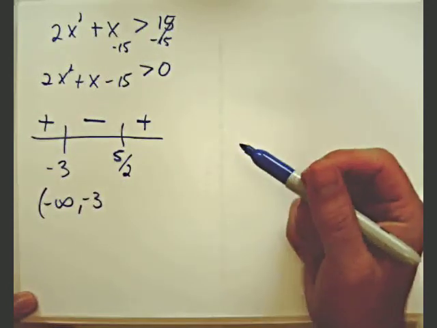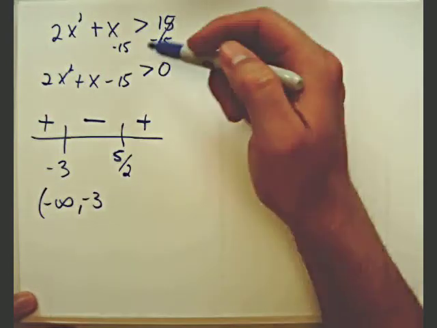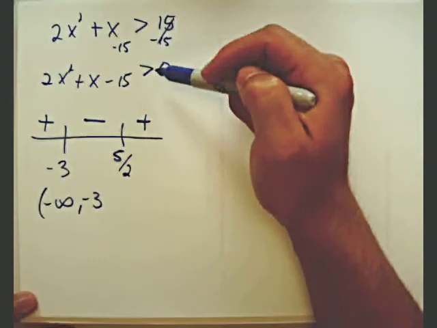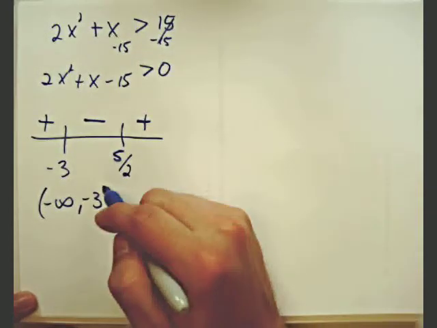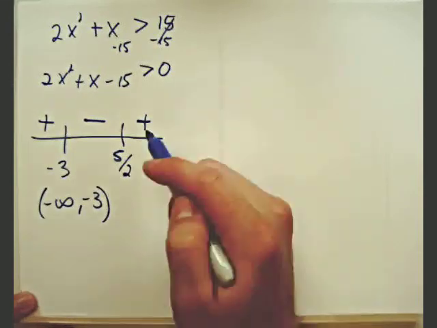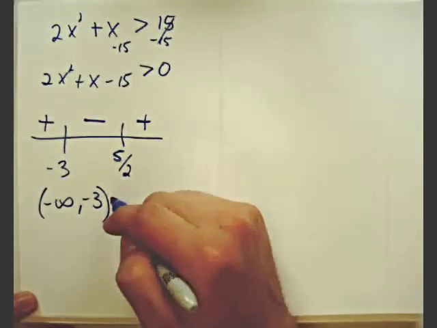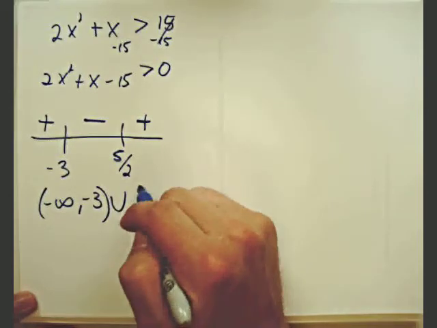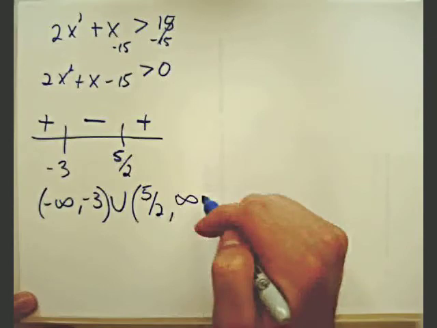And as to whether you use a parentheses or bracket, same thing with linear inequalities. Look at the inequality symbol. It's a greater than, there's no equals, and so that would mean use parentheses. We have another interval that correctly solves the inequality, greater than 5/2, so a union, parentheses, 5/2 to infinity.